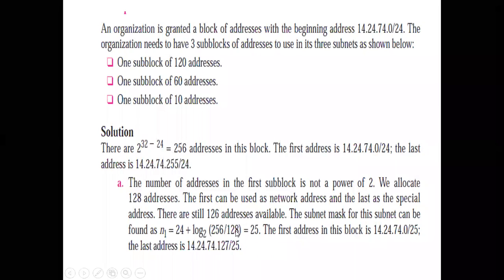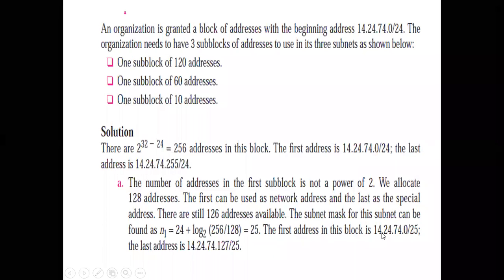This 128 is the capital N, which is the number of machines in the subnet. So 128 you are dividing. After converting this with the help of the logarithmic table, otherwise with the calculator, you can get the value 25.